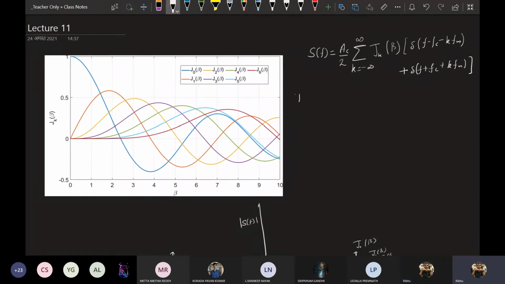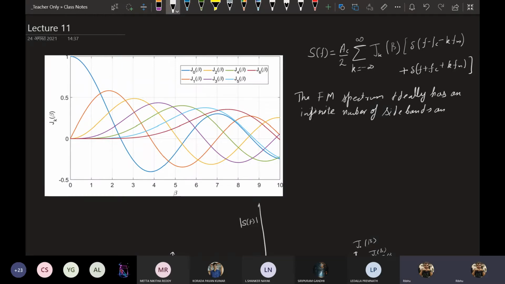So the FM spectrum ideally has an infinite number of sidebands and an infinite bandwidth.